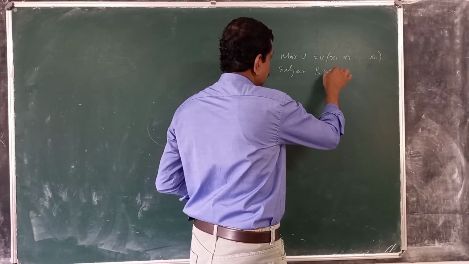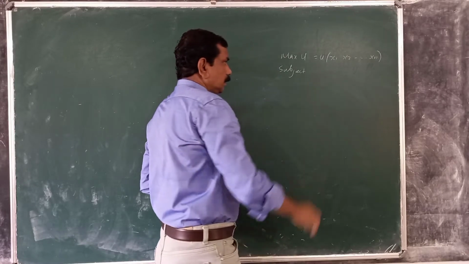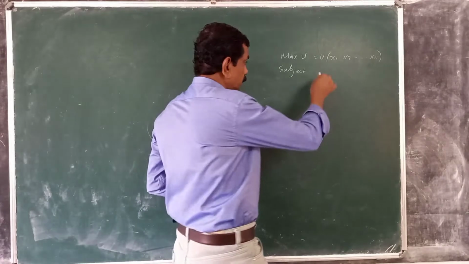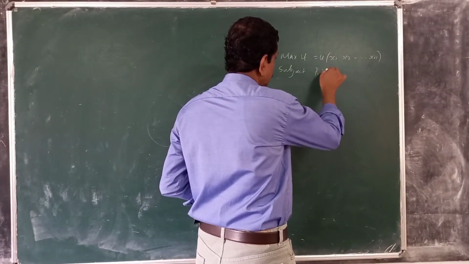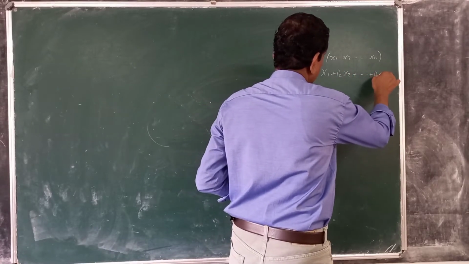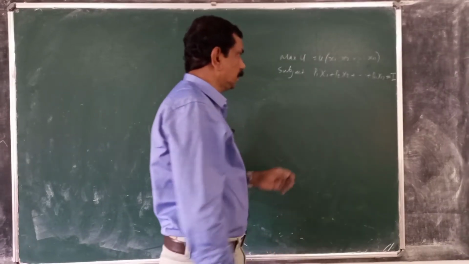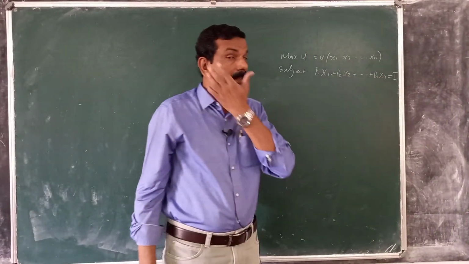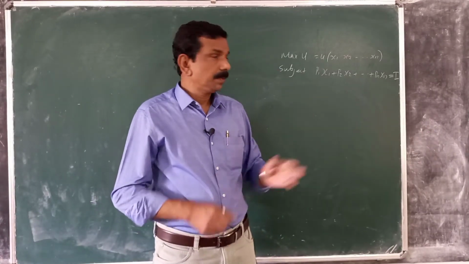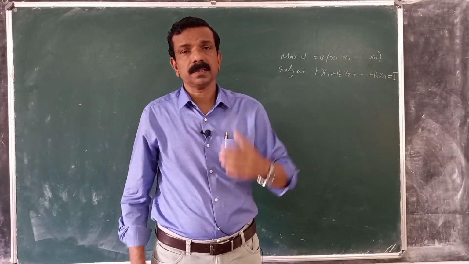maximize u of x1, x2, etc., xn, subject to the constraint that p1 x1 plus p2 x2 plus etc. pn xn is equal to I. x1, x2, etc., xn are the quantities of commodity x1, x2, etc., xn. p1, p2, etc. are the prices of commodities 1, 2, etc., n.